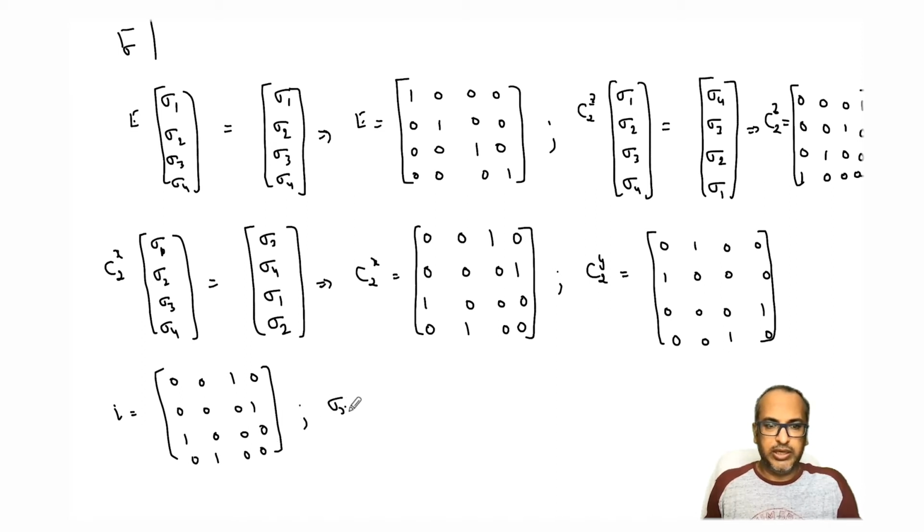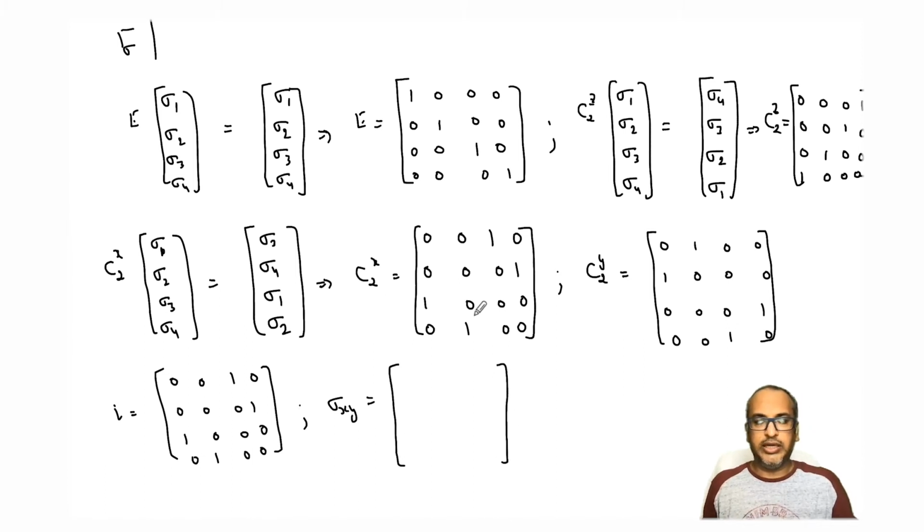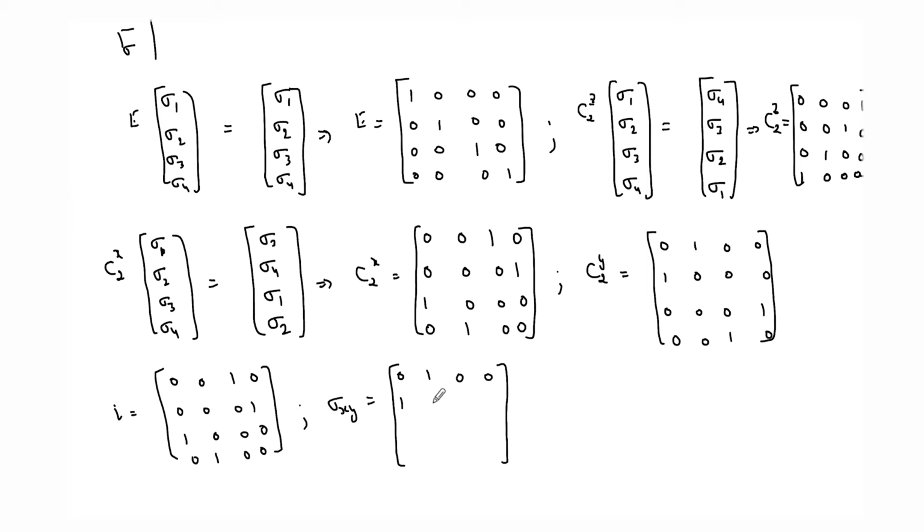Similarly, you have for sigma xy, which will be, so I suggest you all do this by yourself, so that it is very, very clear. Otherwise, by just looking at it, it will not go into very deep. Okay, so 0 1 0 0, 1 0 0 0. So why we are writing these matrices, I will tell you.